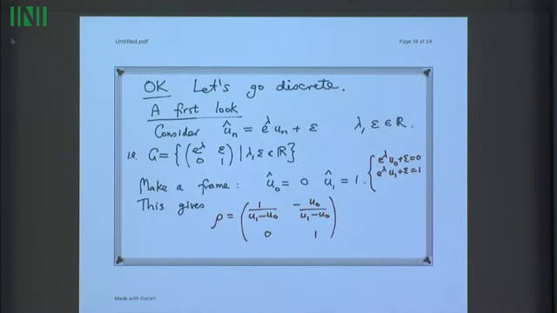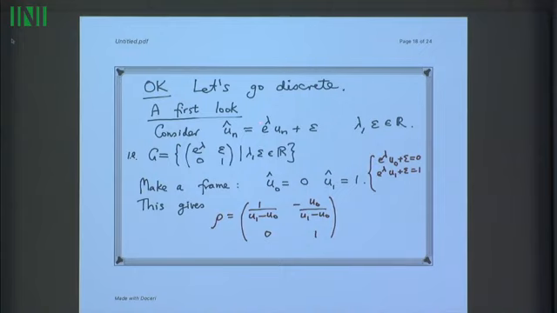So let's go discrete. That's the smooth. We want to look at now difference equations and difference variational complexes. What I'm going to do now is have a much simpler action, which is simply scaling and translation.